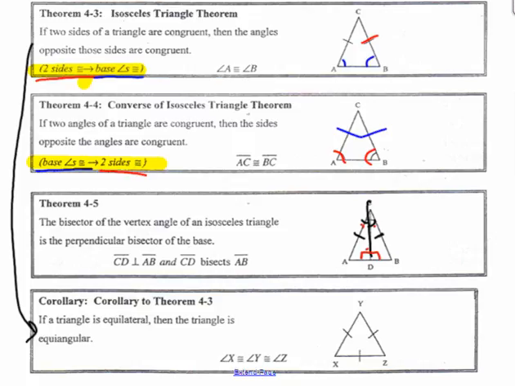Because what they're saying is, if these two sides are the same, then these angles are. And if you were to twist your paper around, if these two sides are the same, then these two angles are. And you twist it around again, if these two sides are the same, then these two angles are. So an equilateral triangle is also equiangular.